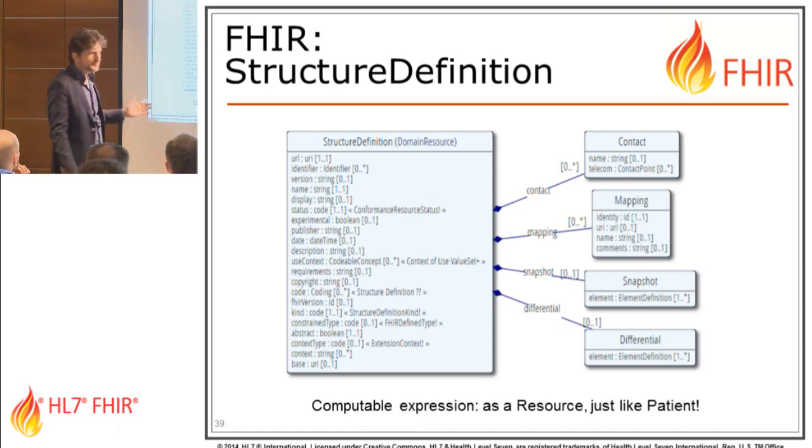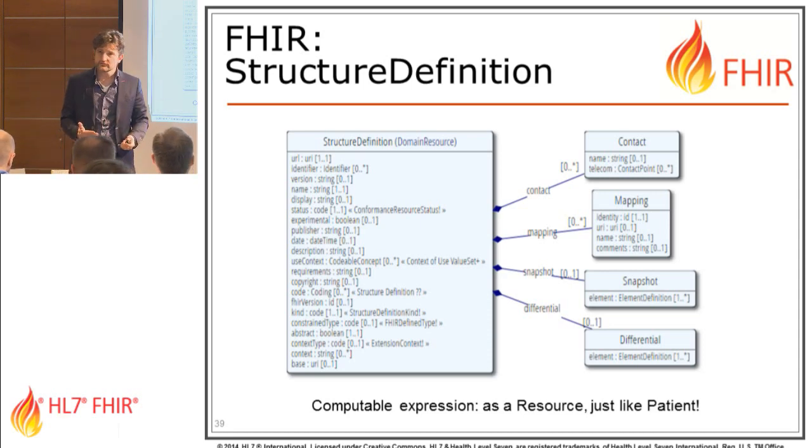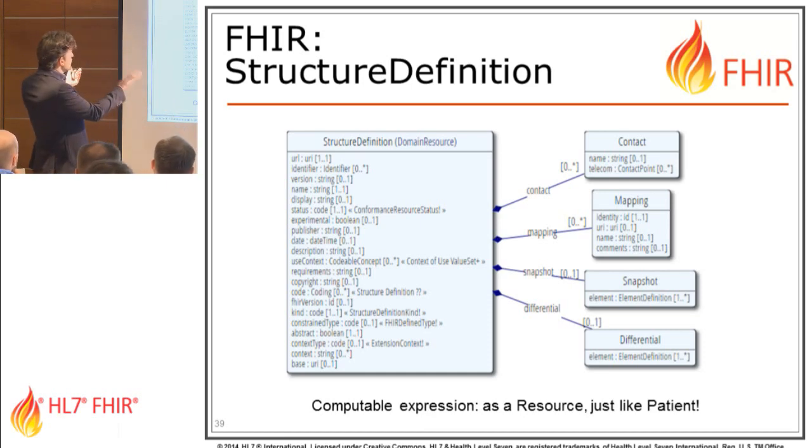But the good thing is that if you know how to communicate the patient using the REST interface, you know how to communicate the structure definition, because it's the same technology. So a FHIR server could serve up structure definitions and literally act as a RESTful interface to a national registry of profiles. And this is, of course, what we do with our community server Simplifier, which is also a profile registry.